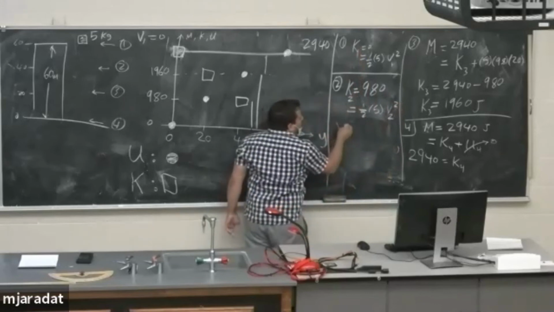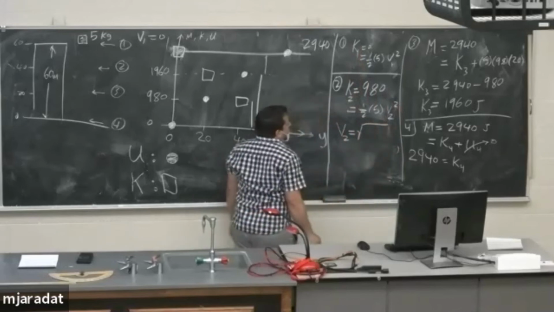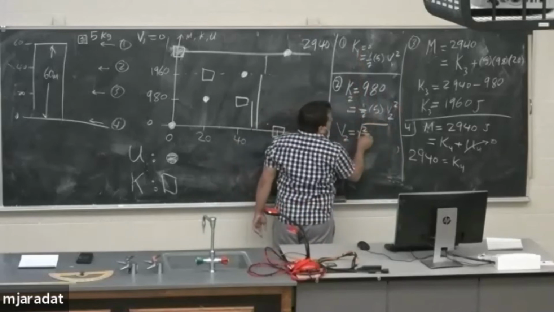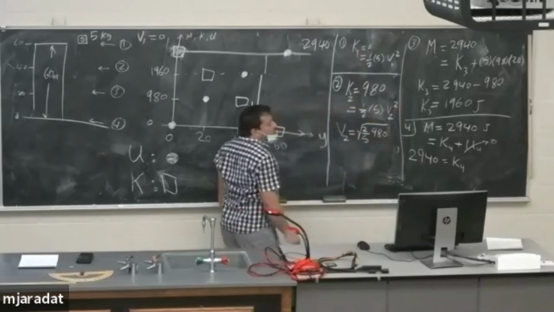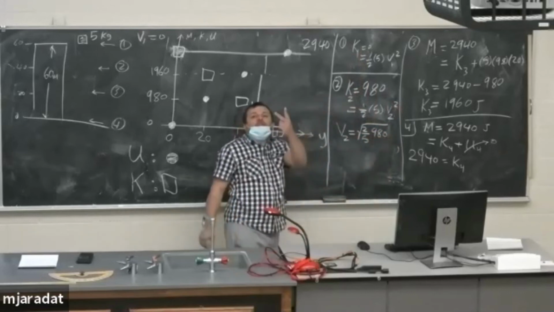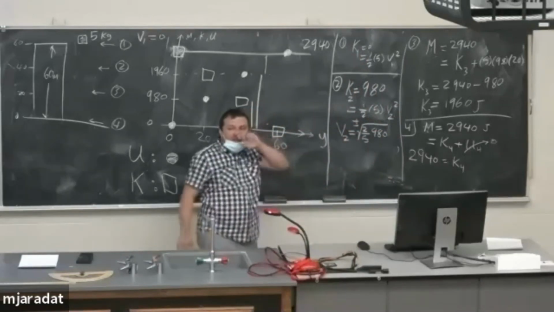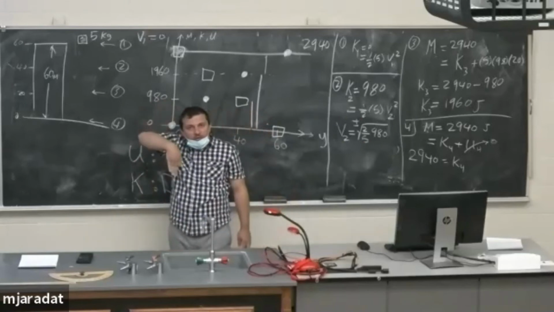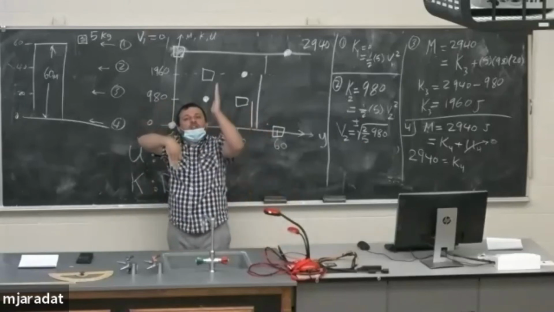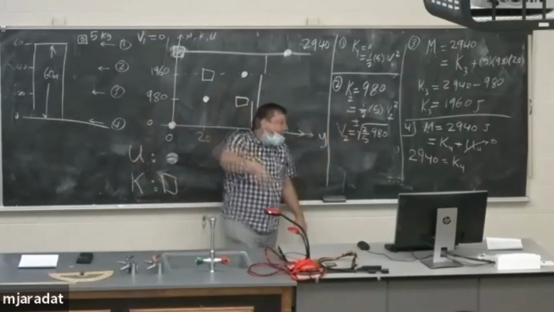So V2 will be equal to the square root of 2 over 5 multiplied by 980. You will find two values, plus and minus. Which one do we need to use? Is it the positive or the negative one? Our direction is downward. The positive direction is upward. In this case, we need to use the negative sign because the direction is downward.